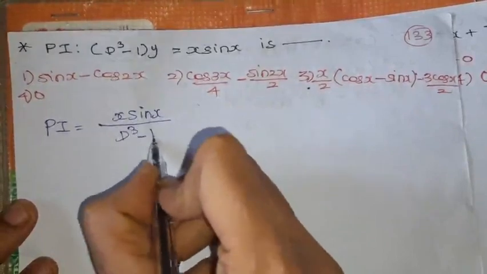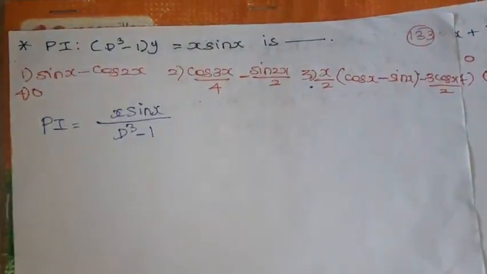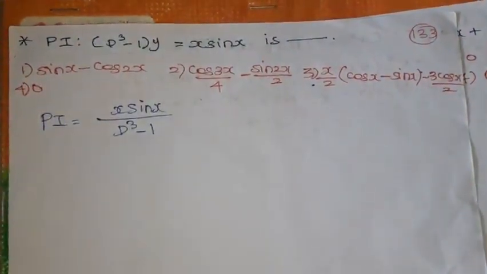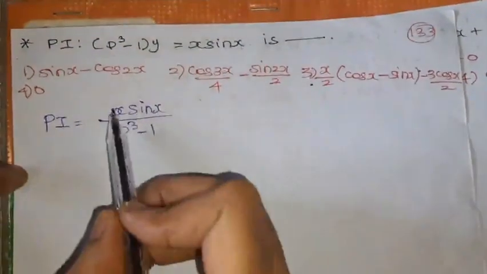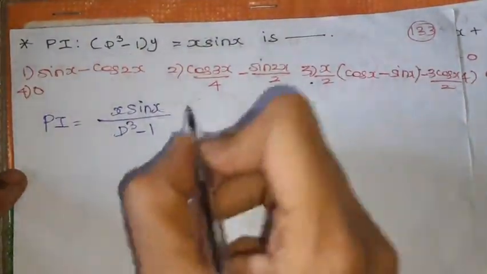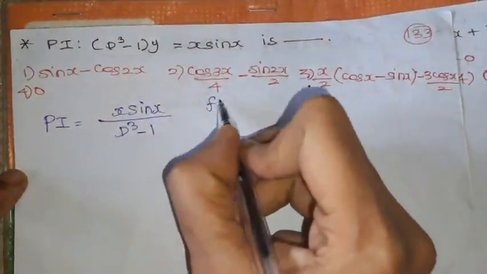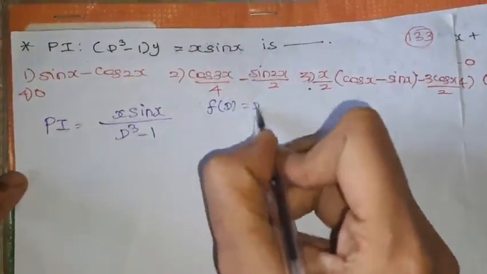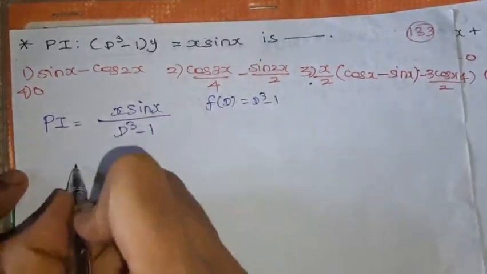Just write D cube minus 1. Then what is the next step? Whenever it comes multiplied with x, like x sin x, we have one formula. How to proceed with that? We'll see. What is f of D first? D cube minus 1.